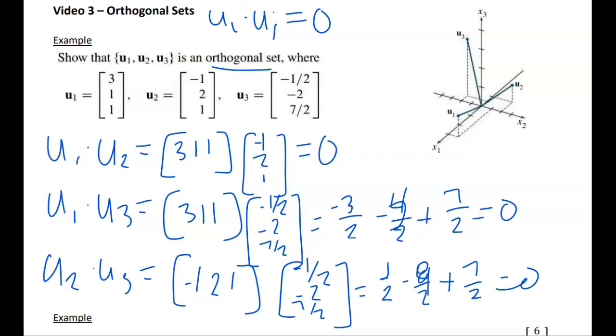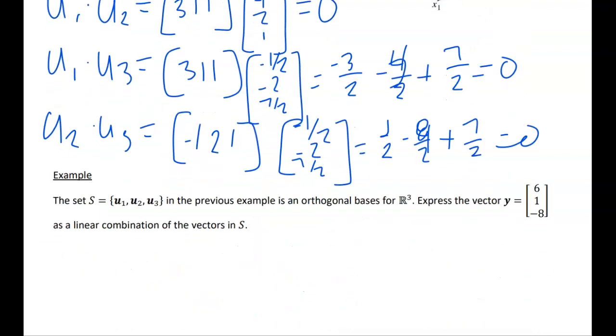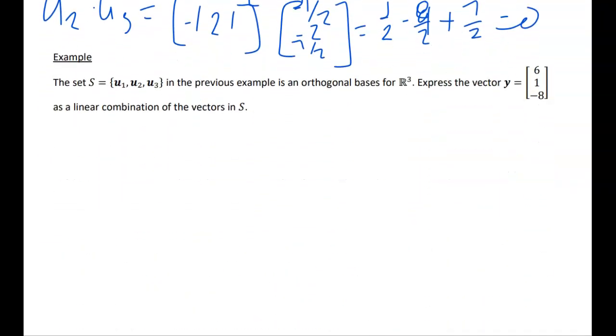Our second example to go through on this topic is to show, so we say that this is an orthogonal basis. We have 3 linearly independent vectors in R3, and we want to express that vector y as a linear combination of the vectors in S, where S is that set.